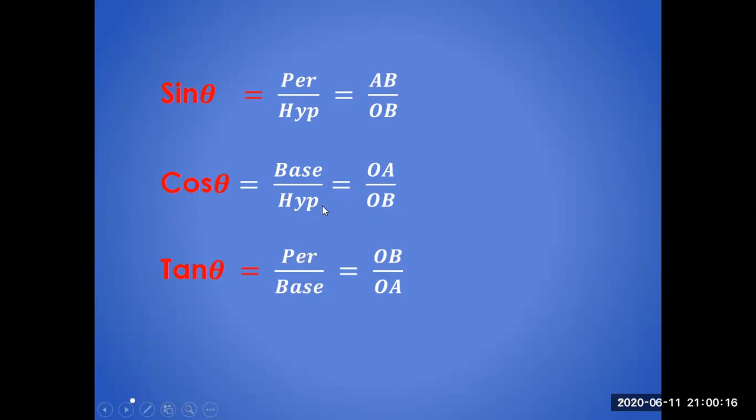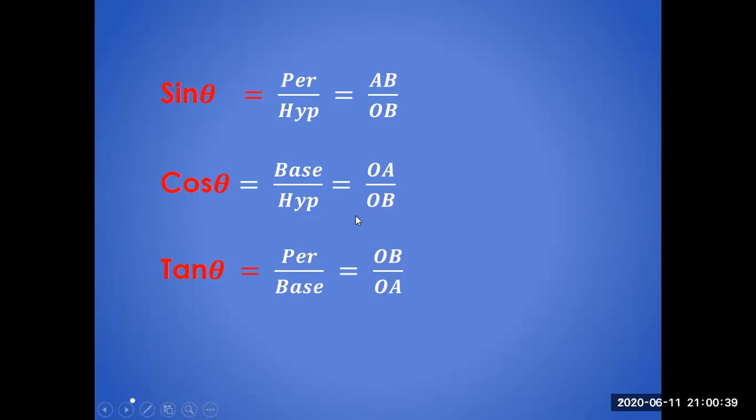Different languages have used different sentences to remember the trigonometry ratios, but simply you have to understand this: sine theta is perpendicular divided by hypotenuse, cosine theta is base over hypotenuse, and tangent theta is equal to perpendicular divided by base.